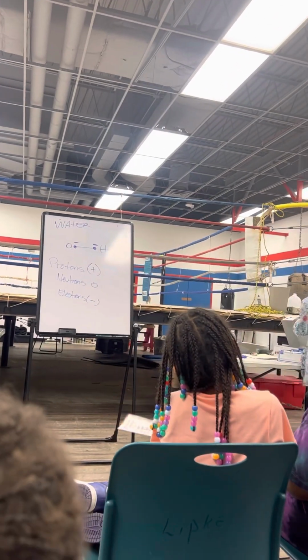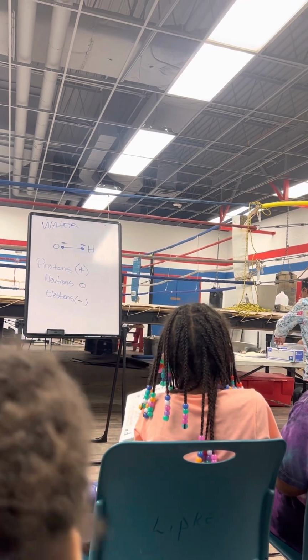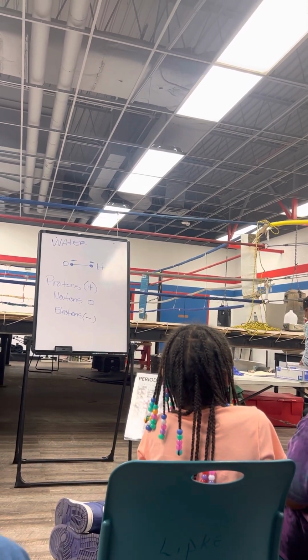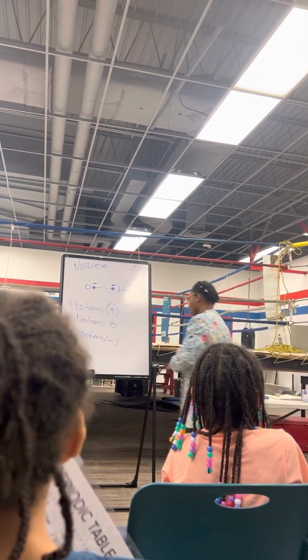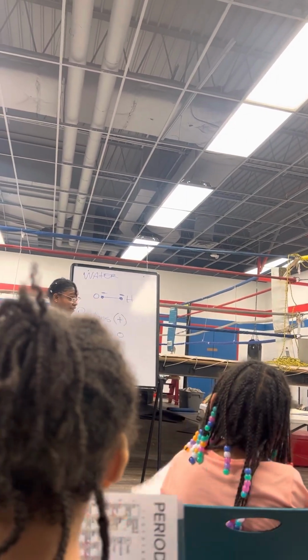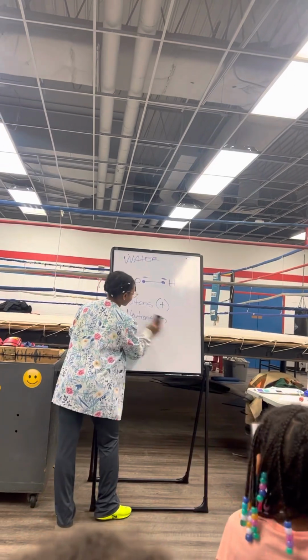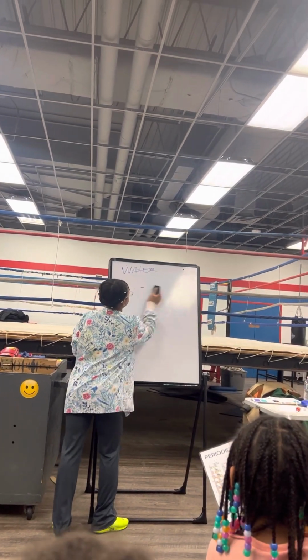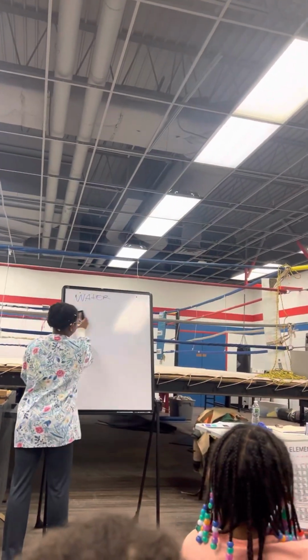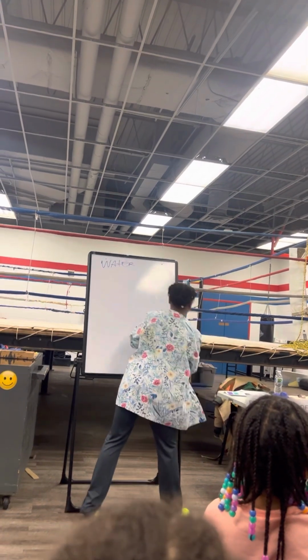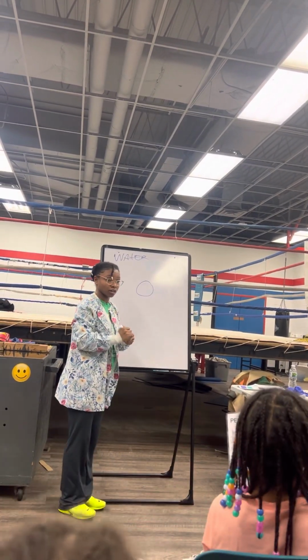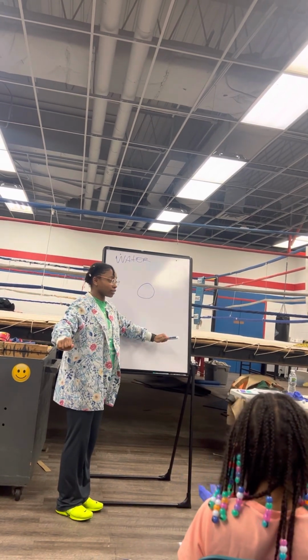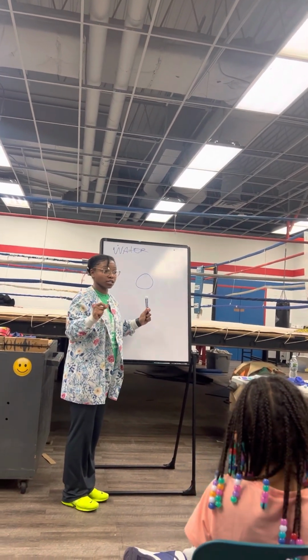So when we make our molecules, this is the fun section. So we got oxygen, right? You can make a bond by knowing the amount of valence electrons.